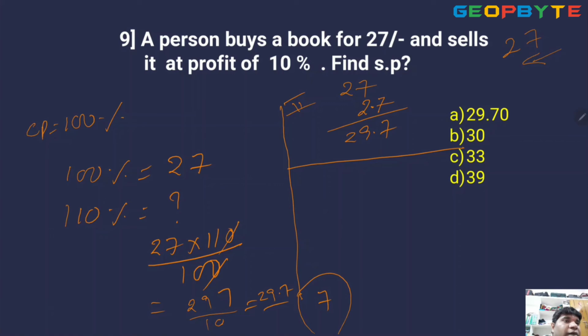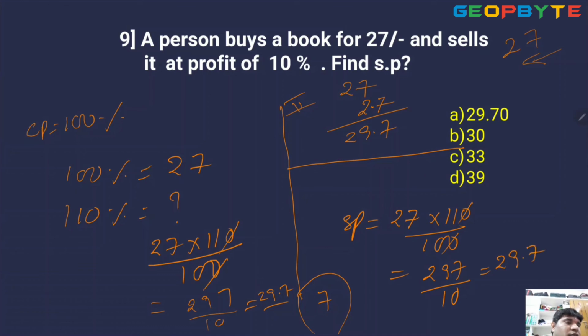As a formula, you want the selling price: cost price 27, profit 10%, so 110 upon 100. Zeros cancel, same here. 297 upon 10, 29.7. Formula based. This is concept wise, direct answer.